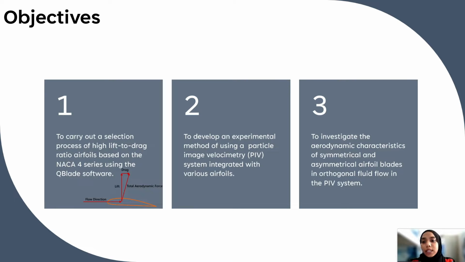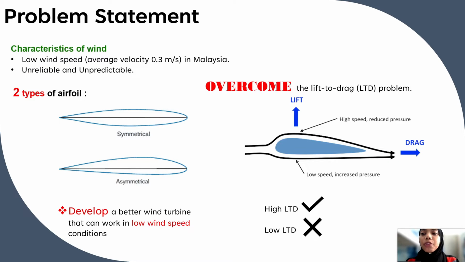The second objective is to develop an experimental method of using a particle image velocimetry system integrated with various airfoils, known as a PIV system. And the third objective is to investigate the aerodynamic characteristics of symmetrical and asymmetrical airfoil blades in orthogonal fluid flow in the PIV system. So, move to the next agenda, which is the problem statement.